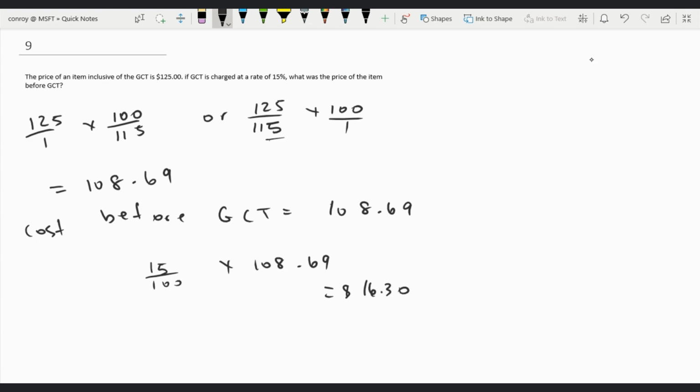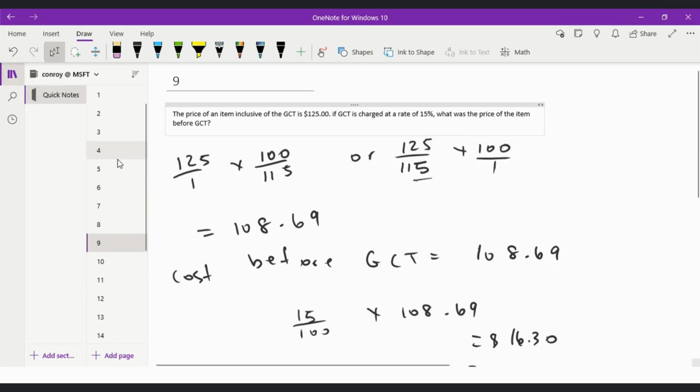So if we add 108.69 plus 16.30, it would give us 125. May need to round it off, but it will give us that 125. All right, so the cost before GCT is $108.69 plus this GCT of 16.30. Adding those two together, we would get the 125.